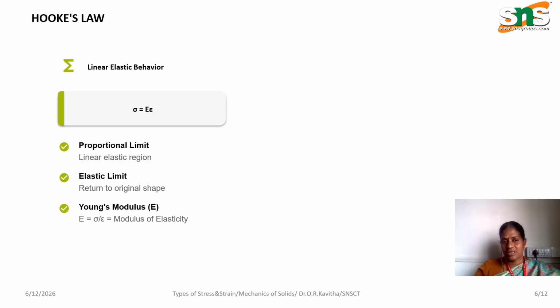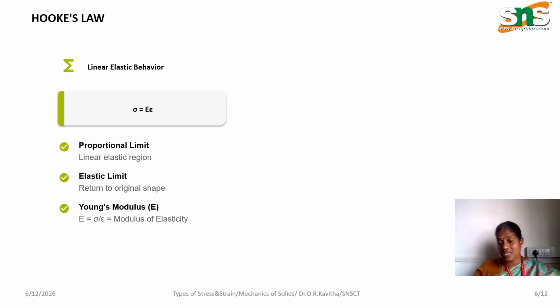So for the different elastic constants, before getting into this you should understand what Hooke's law is. Within the elastic limit, the stress is directly proportional to the strain. Here E is the proportionality constant, and there are different limits, the proportional limit and the elastic limit.